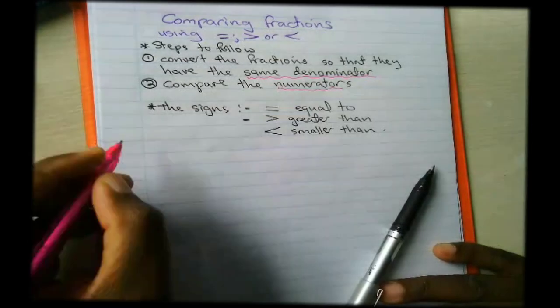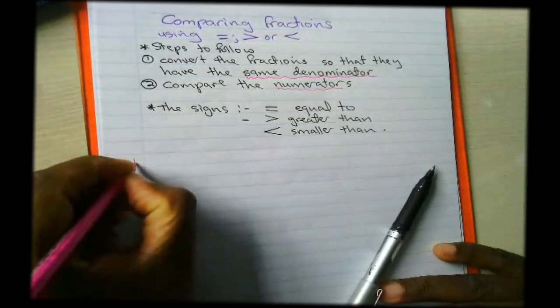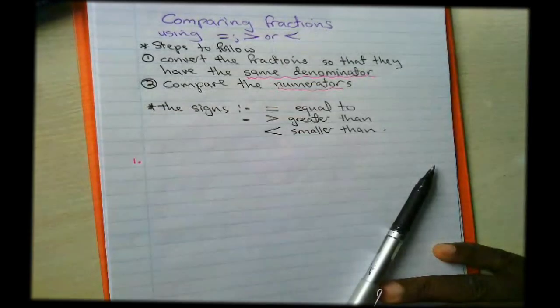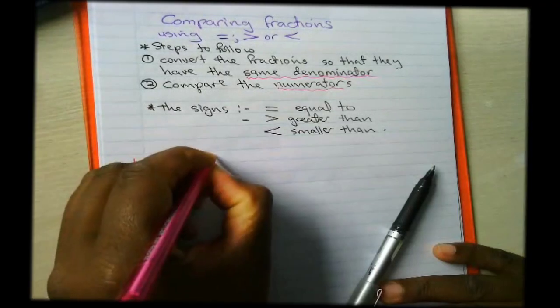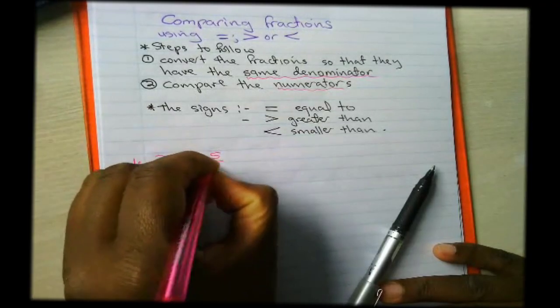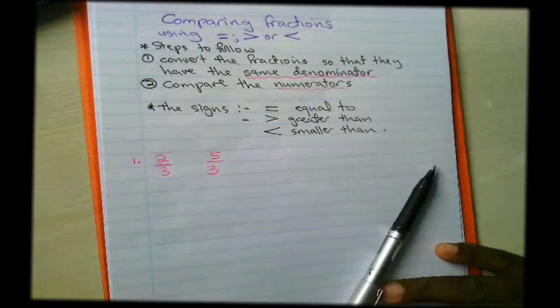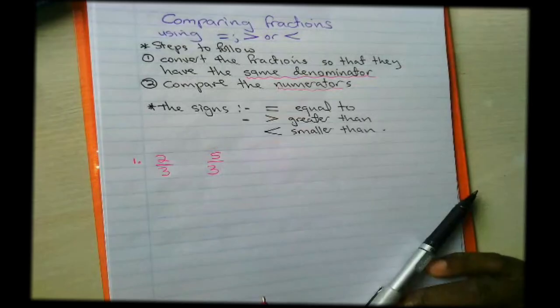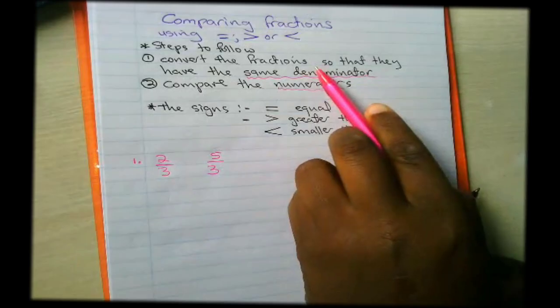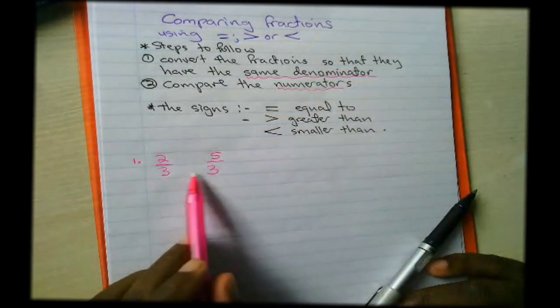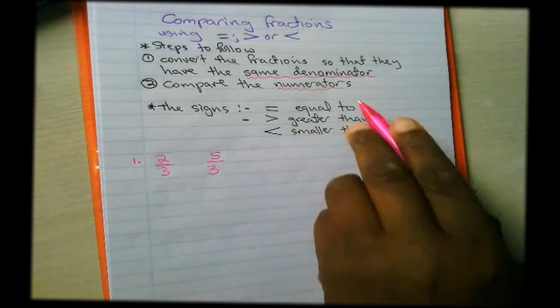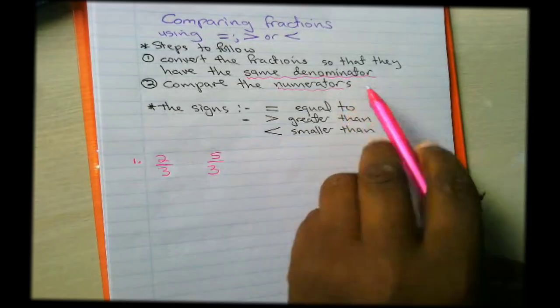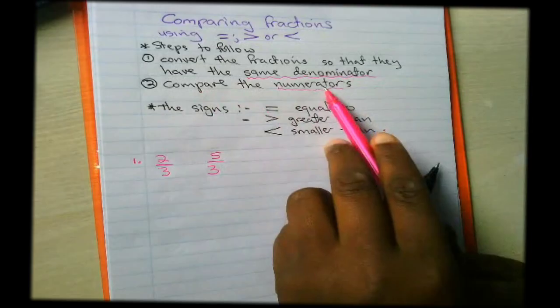Now, the first fraction I have here, number 1, is 2 over 3. We are comparing it with 5 over 3. We said our first step is to ensure that the two fractions have the same denominator. Looking at our two fractions, they have the same denominator, so we can go to step number 2, which is to compare the numerators.